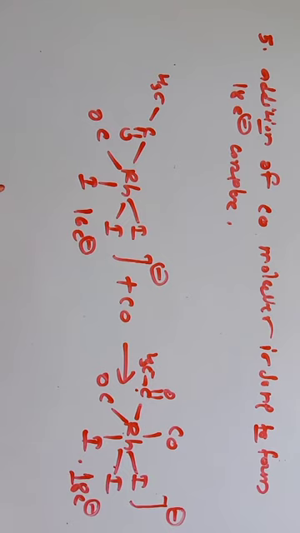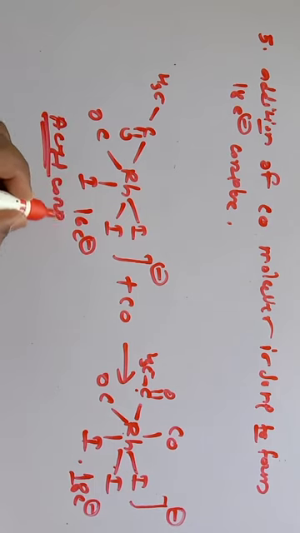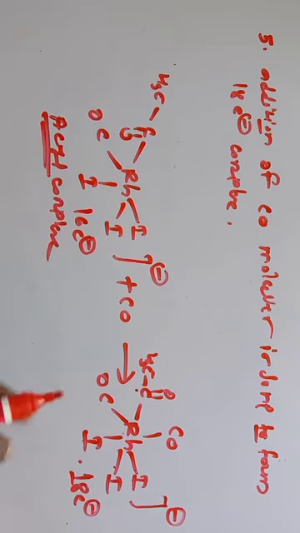Then there is migration, and then addition of carbonyl, which converts this acyl complex, the 16 electron complex, to an 18 electron complex, and this complex undergoes a reductive elimination reaction. So let us discuss the last step of this reaction, that is reductive elimination.